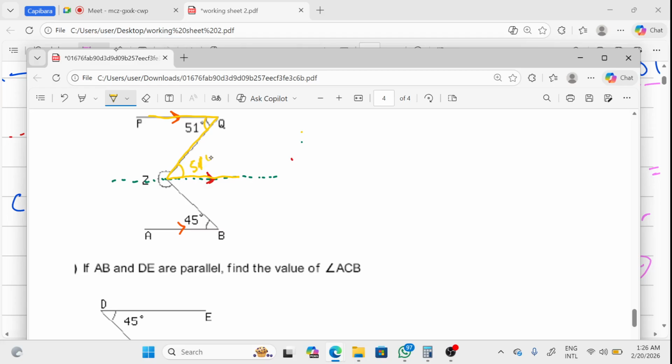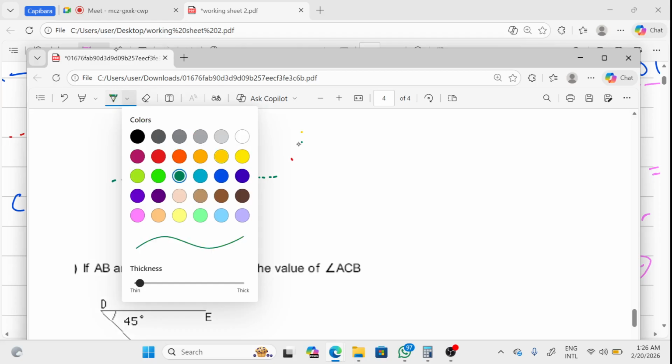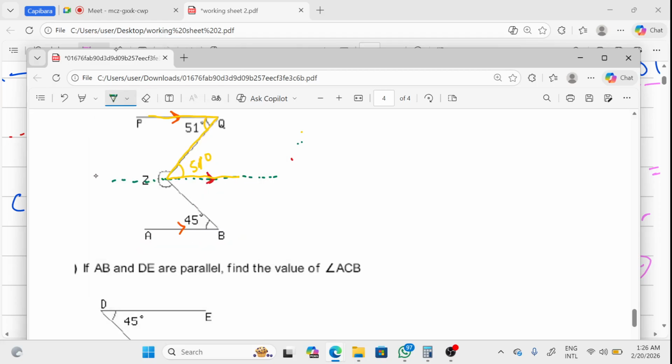This is angle 51 because of alternating angle. Then for us to be on the safe side, we should have this line labeled. So we can say this is line GH, so that we'll be able to make references to angles.